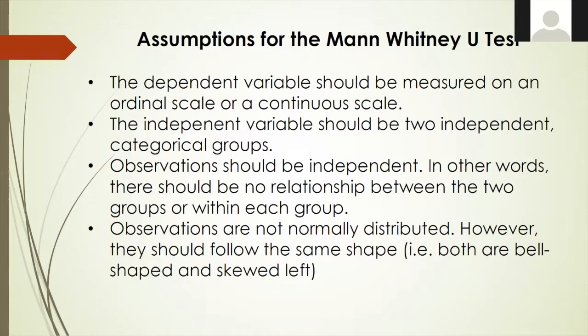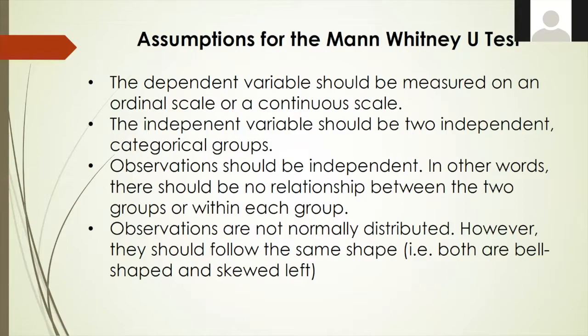First, the dependent variable should be measured on an ordinal scale or a continuous scale. Second, the independent variable should be two independent categorical groups. Third, observations should be independent.